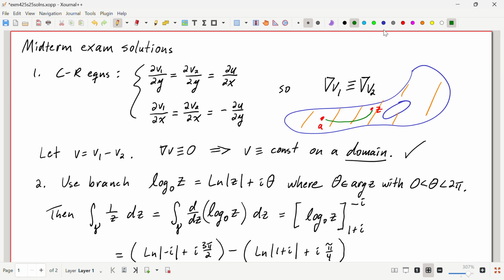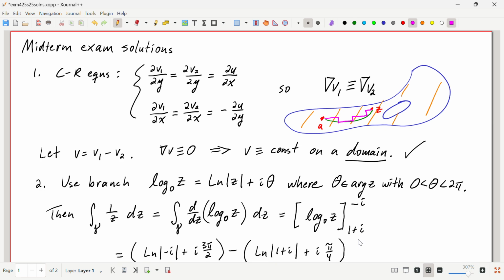Remember what we did? We went horizontal, vertical, horizontal, vertical. And if those partial derivatives are 0 in the horizontal direction and the vertical direction, it remains constant. And so we zigged and zagged along that curve and see that it'd be constant.